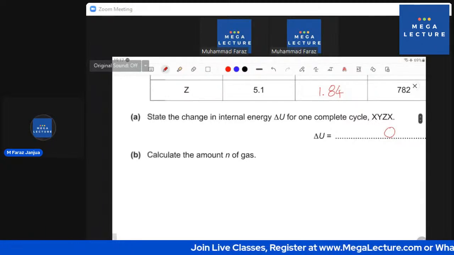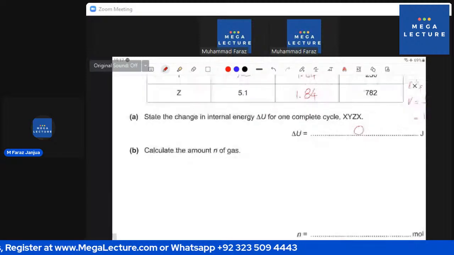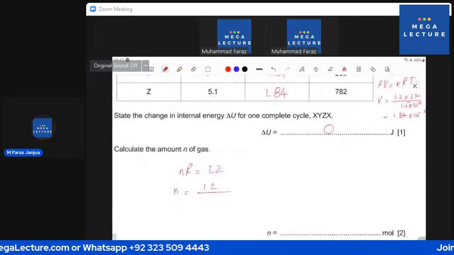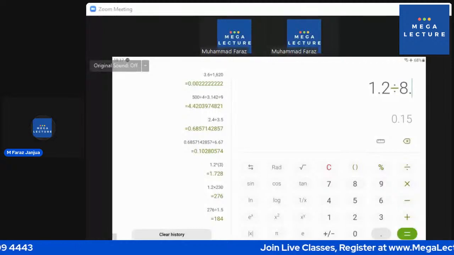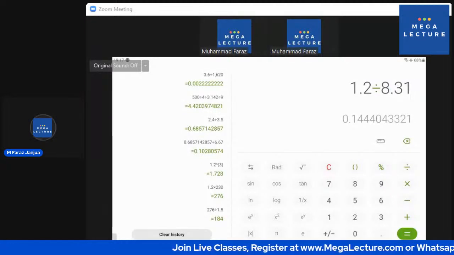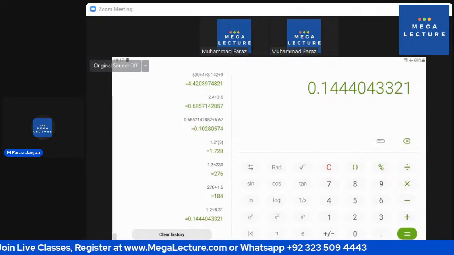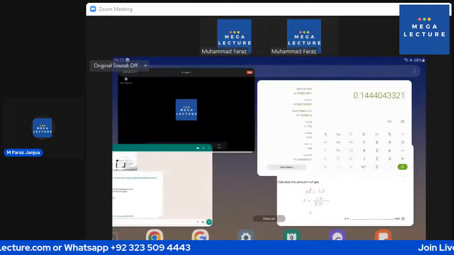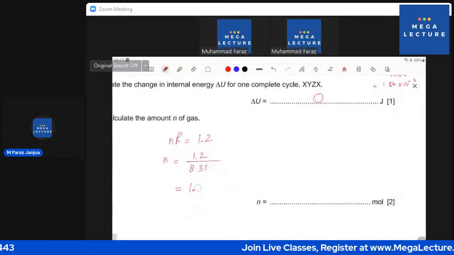So n equals 1.2 divided by 8.31. 1.2 divided by 8.31 is 0.144.